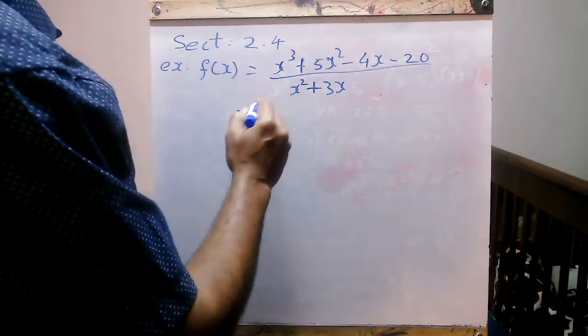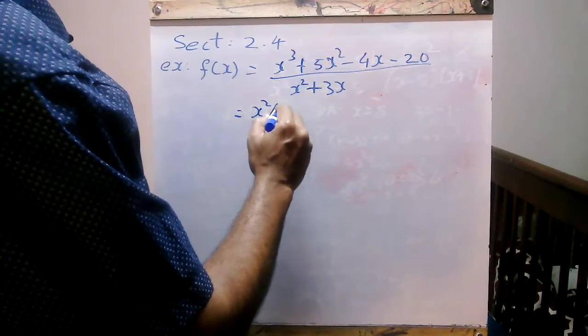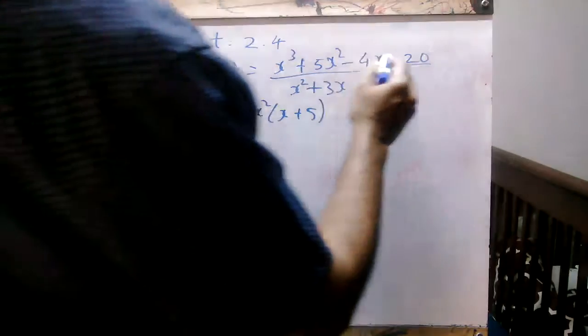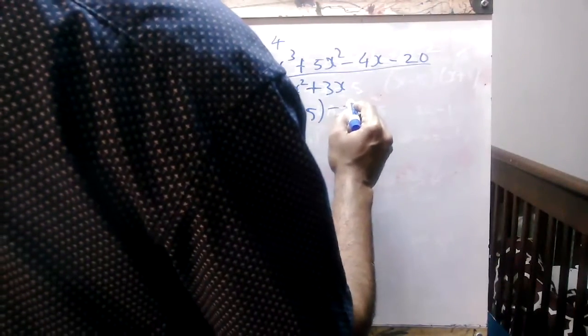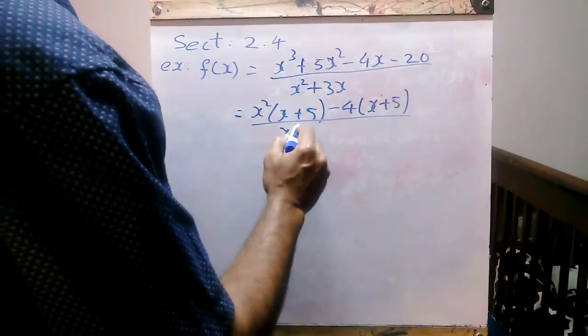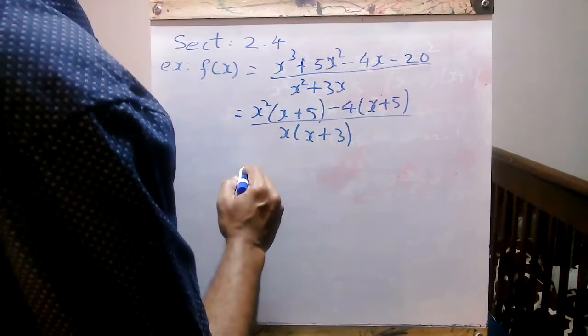From the first 2 terms, if you take x out, we get x plus 5. If you take negative 4 from the second 2 terms, you get x plus 5, divided by x is common, x plus 3.